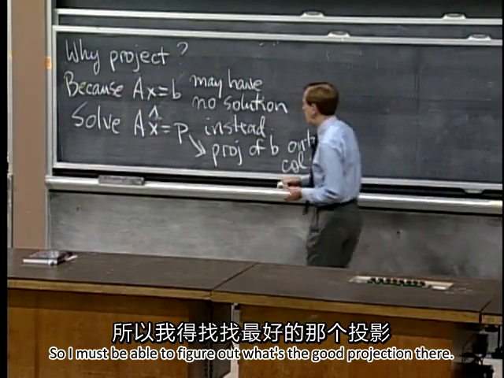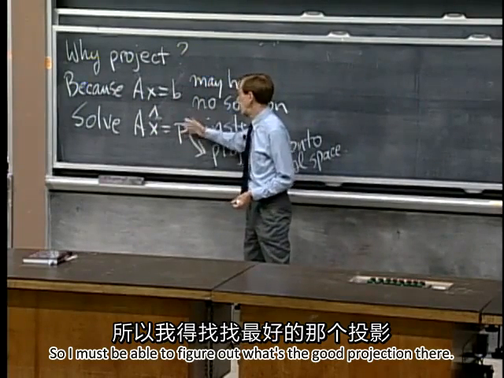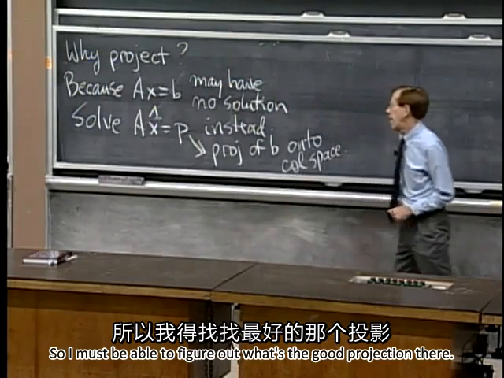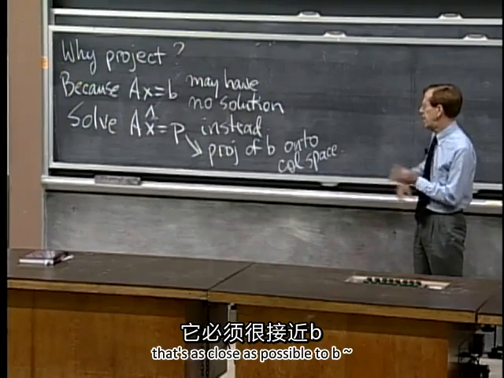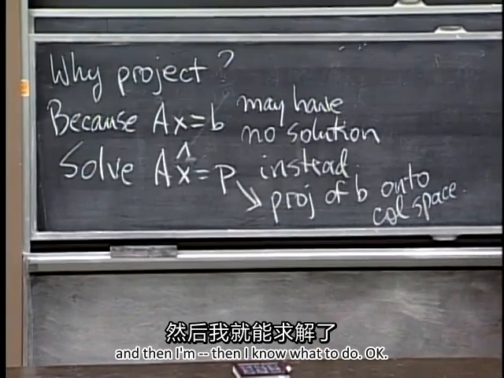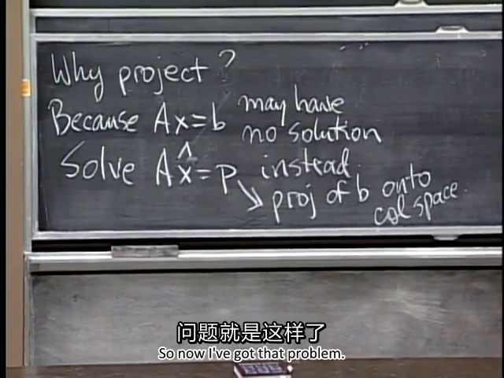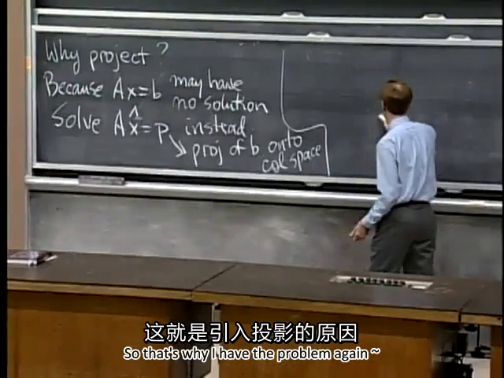So I must be able to figure out what's the good projection there. What's the good right-hand side that is in the column space, that's as close as possible to B, and then I know what to do. So now I've got that problem.